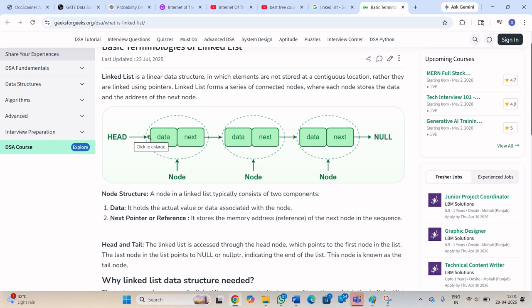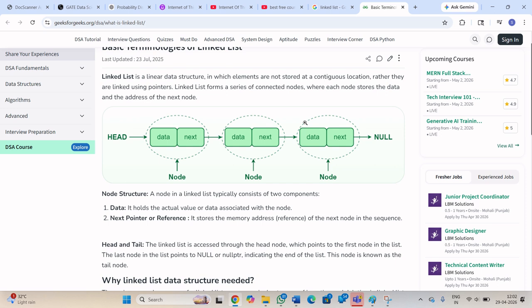The head points to the data part of the first node, and with the data part there is the next part also, and the next part of the first node points to the second node address, and the next part of the second node points to the address of the third node, and it continues till we go to the last node, and in the next of the last node we have the null value because there is nothing after that.